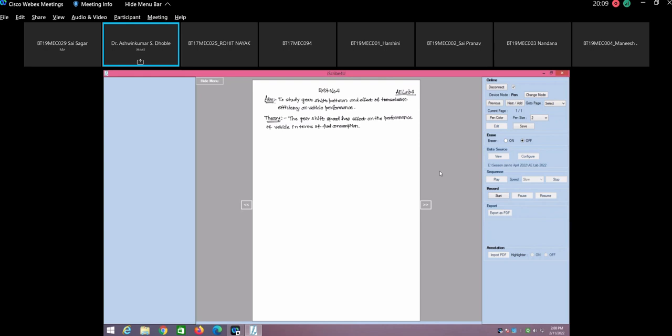The gear shift speed has the effect on the performance of vehicle in terms of fuel consumption, because what is going to happen if, let us say, the transmission efficiency is low.